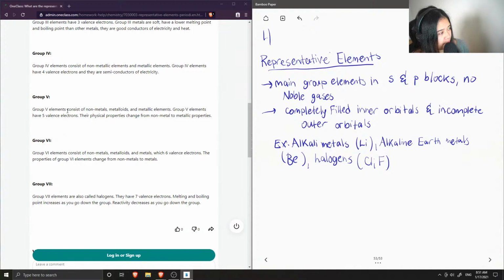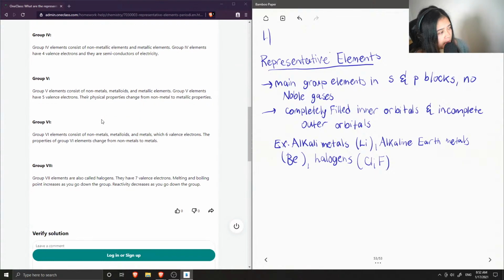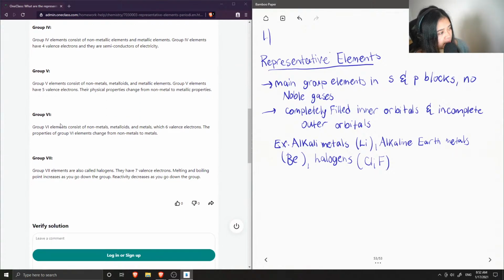Group 5 have 5 valence electrons, and their physical properties change from nonmetal to metallic properties. So this is like phosphorus. And then group 6 consists of nonmetals, metalloids, and metals with 6 valence electrons.